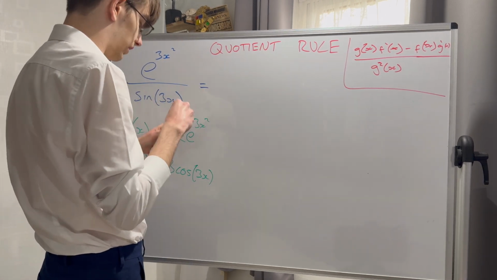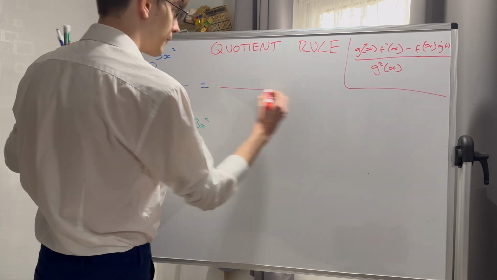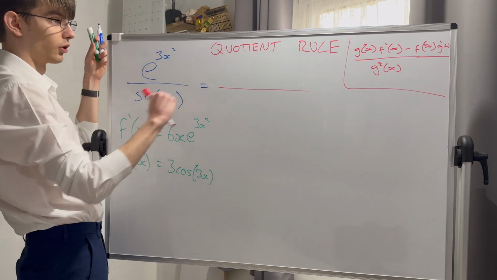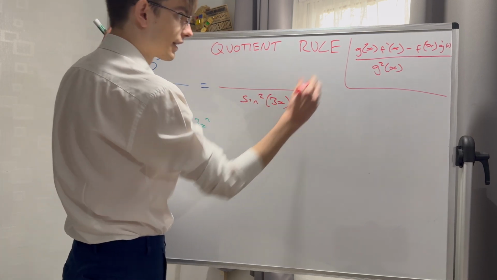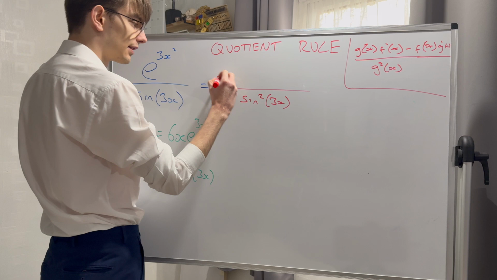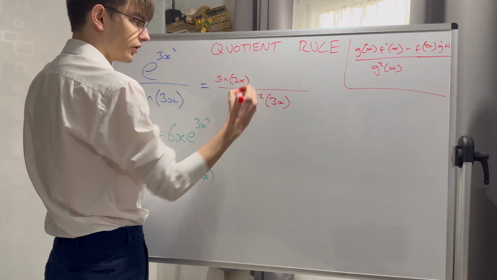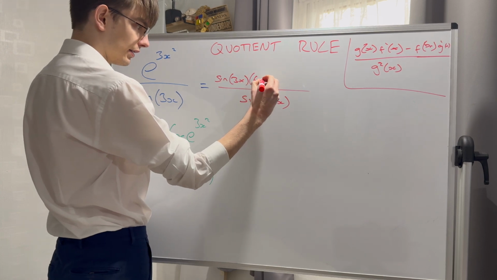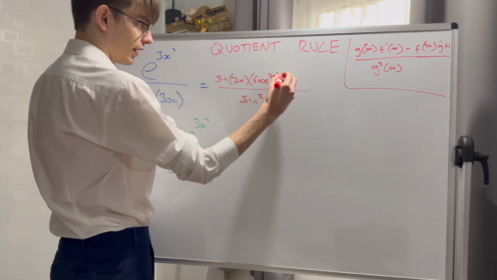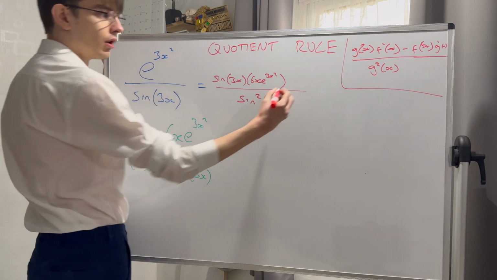Now let's throw this all together into our formula. On the bottom, I'm going to have sine squared of 3x, and on the top, I'm going to have g of x, so sine of 3x times f prime of x, which is 6x e to the 3x squared. All this does not look very nice.